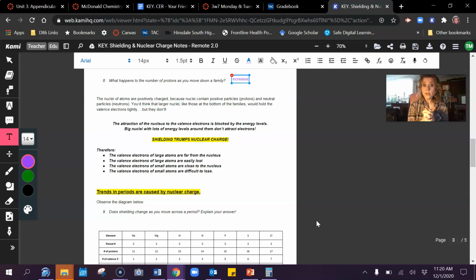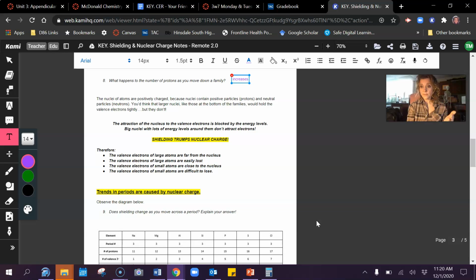Big nuclei with lots of energy levels around them don't attract electrons very well. The point is, shielding trumps nuclear charge. You can have a very big nucleus, but if you've got a lot of energy levels around the nucleus pushing that valence electron very far away, you're not going to have the attraction there, and those electrons are easily lost.